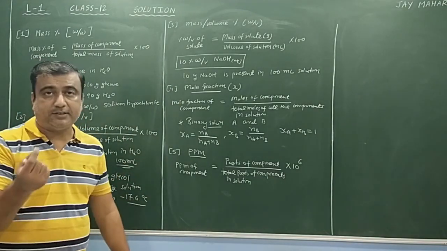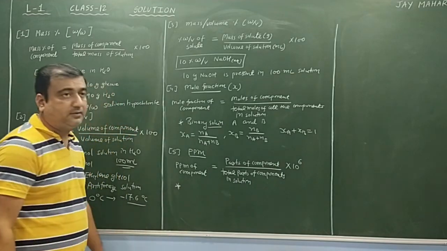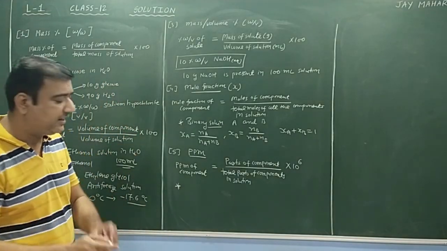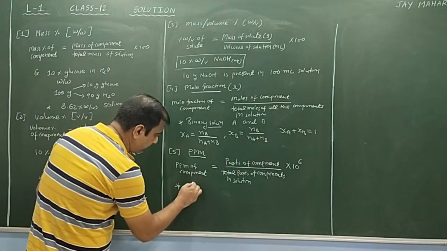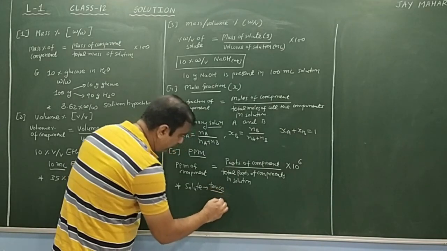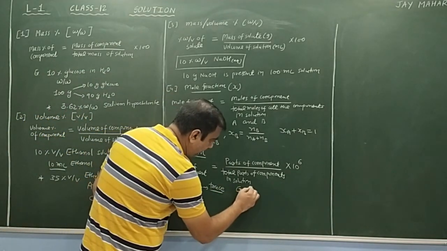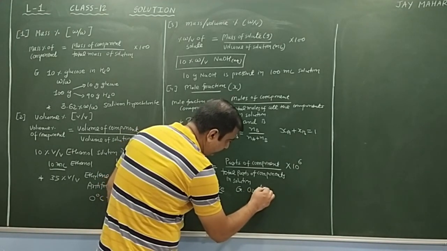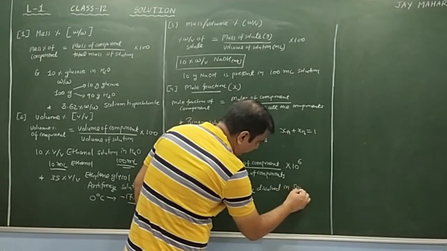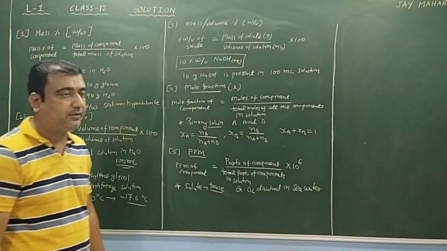When concentration is expressed in ppm, the amount of solute dissolved is very small, that means a trace amount of solute. For example, O2 dissolved in seawater.